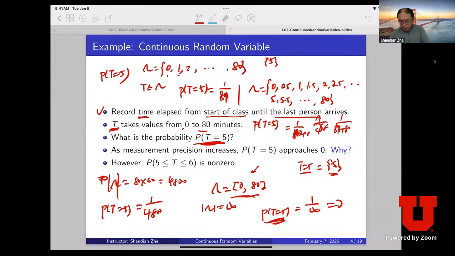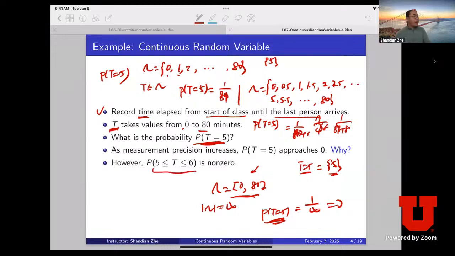But if we instead look at another type of event, that is your time is inside another range, say in the range between 5 and 6. So remember, this inequality represents an event, right?